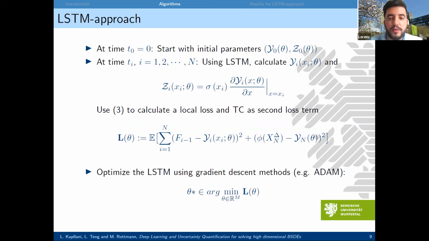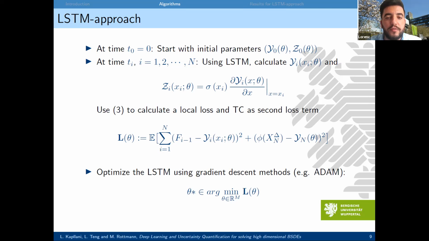And the algorithm actually looks like this. Again, we start at the beginning with some initial guess of Y0 and Z0, but now from time 1 to time n, in terms of the recurrent neural network, we use an LSTM, to avoid the vanishing and exploding gradient problem.